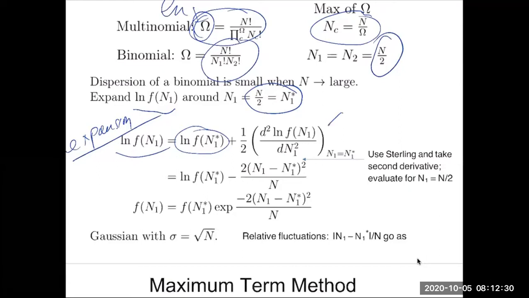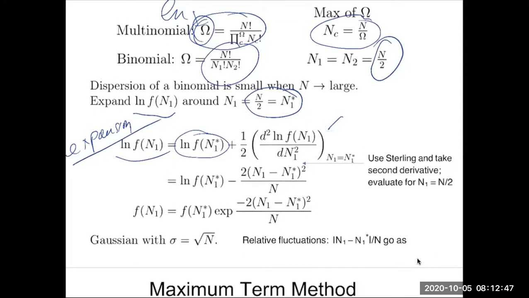And then the second derivative in the Taylor expansion, and I realize there are some things missing here. Excuse me one second. This needs to have n, this needs to have n1 minus n1 star squared.